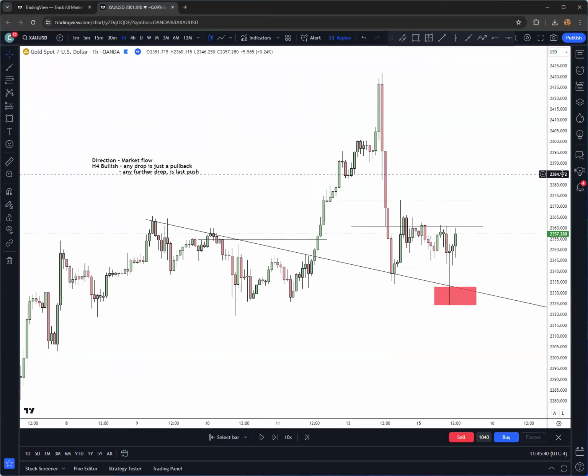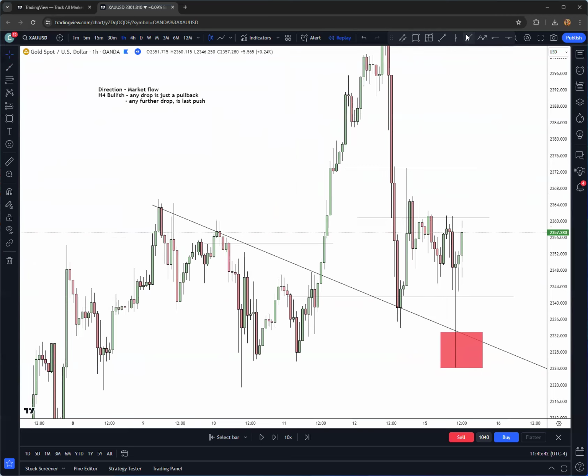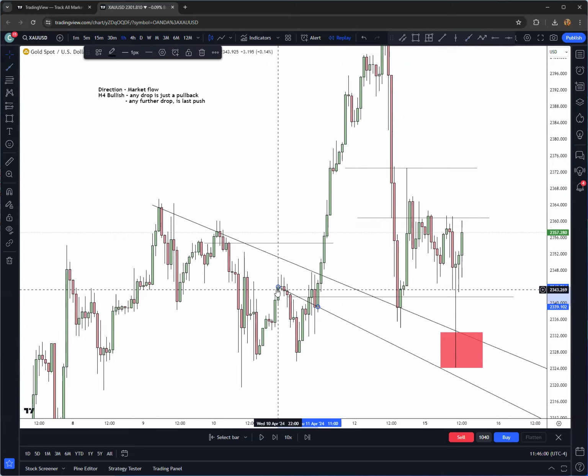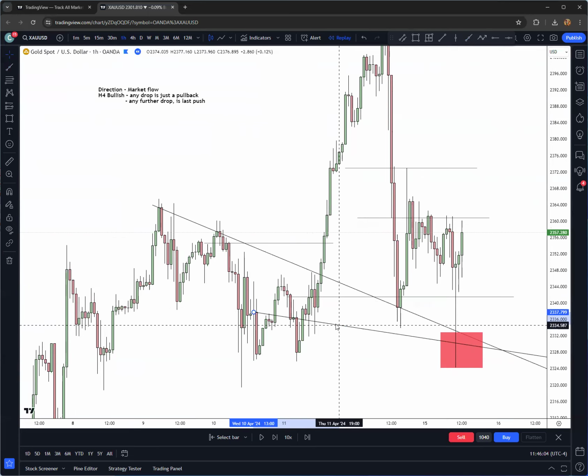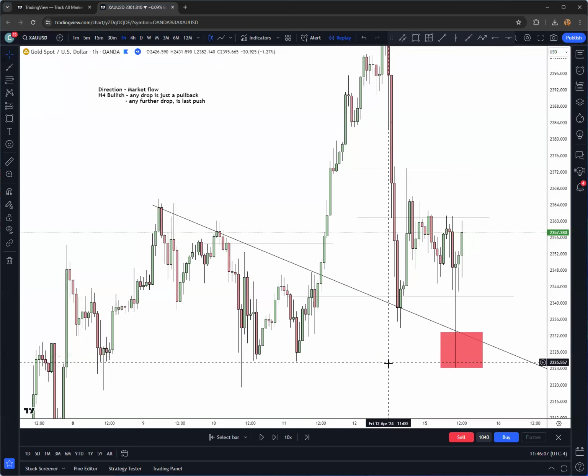Okay, found another one. So this is the head. Man, that miss there. I don't know if this is a trend line. All right, we'll just use this one.